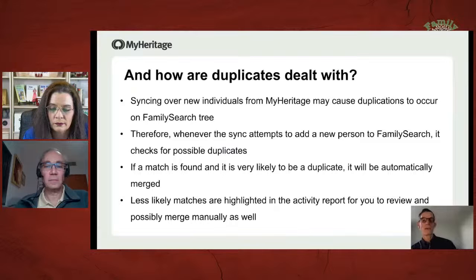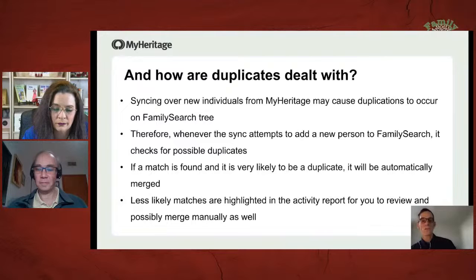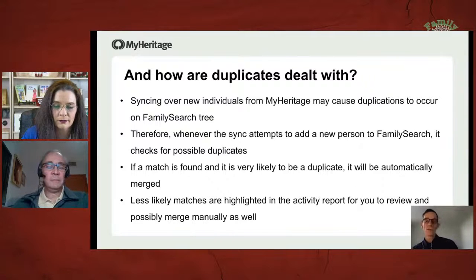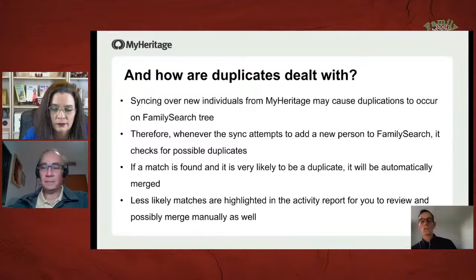When we attempt to add a person to FamilySearch, the good thing is that FamilySearch gives us the mechanism for our code to check the same thing that users will see. And if our code, the sync, identifies that this is a duplication and it's very likely to be really a duplication, then we immediately merge and do not create the duplication.